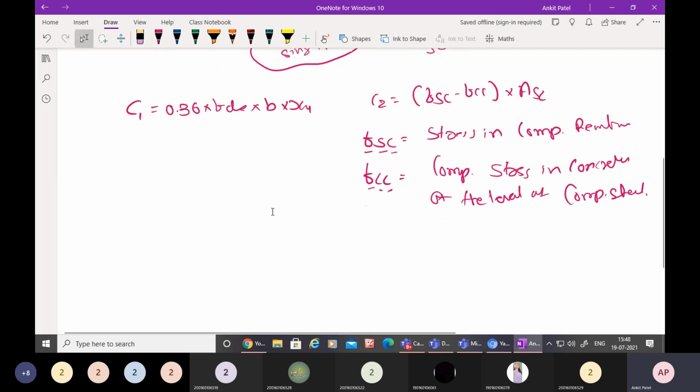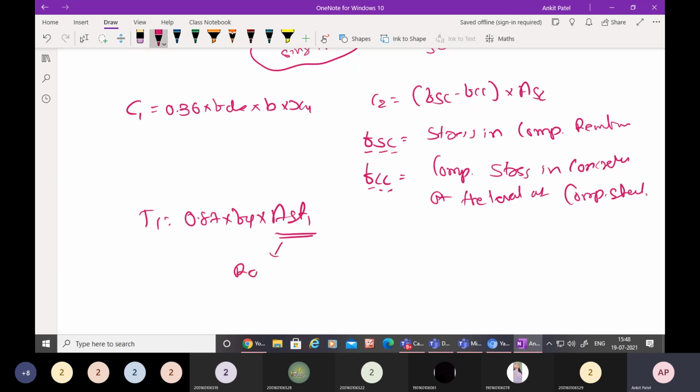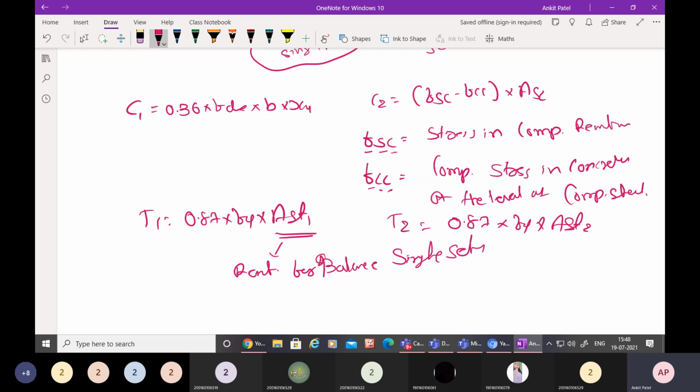Clear? So now let's find out the value of T1. T1 is nothing but 0.87 into fy into Ast1. Remember, Ast1 is the reinforcement for the balanced singly section, and the value of T2 is nothing but 0.87 into fy into Ast2.